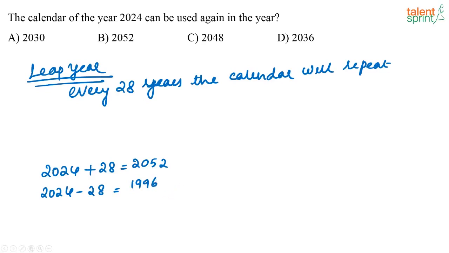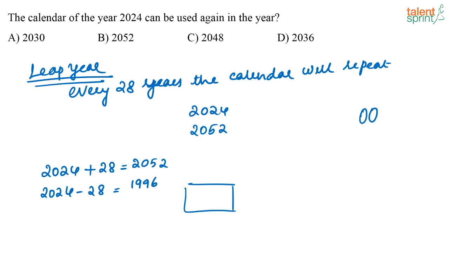Yes, 1996. Now one thing you have to keep in mind is that when we are doing this calculation, for this question itself, we know that after 28 years, that is 2052, will have the same calendar.